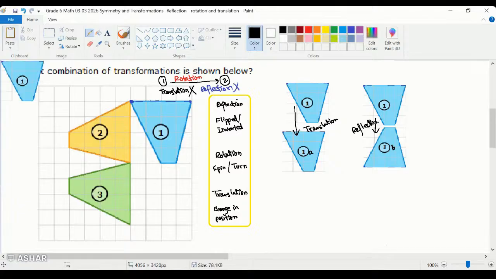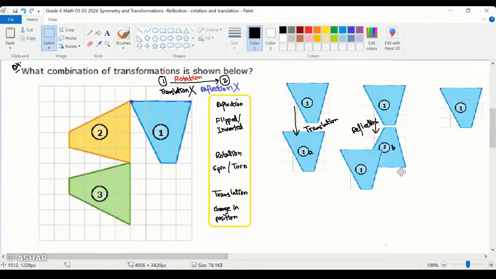And if we say this shape was given to us and we want to see the rotation, so rotation would be something like this, right? So we can say 1 to 1c is a rotation.